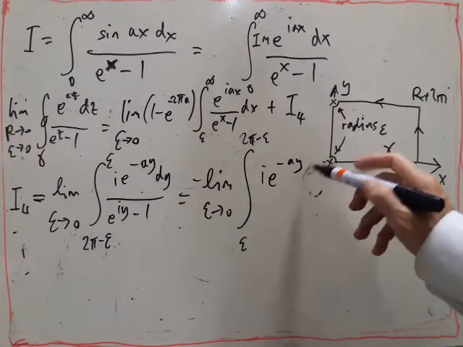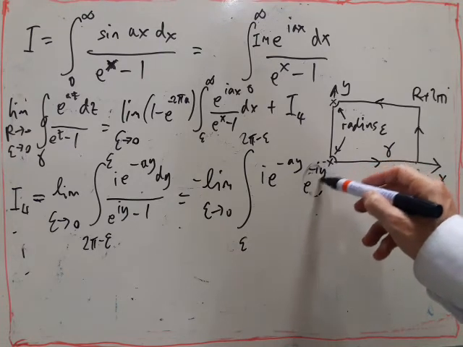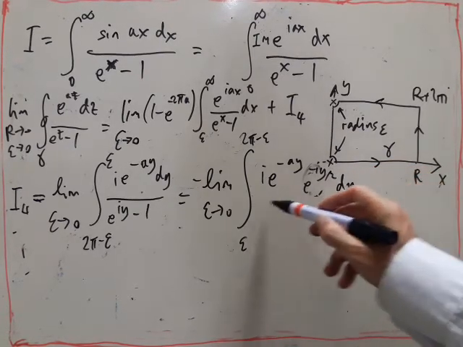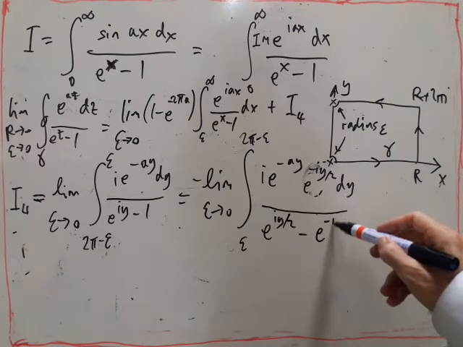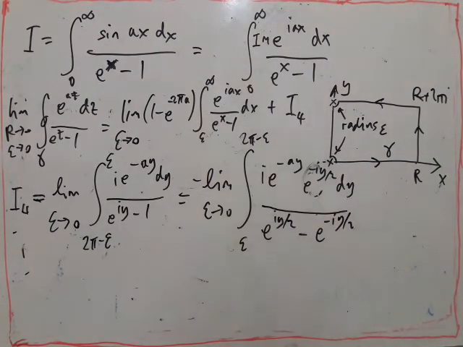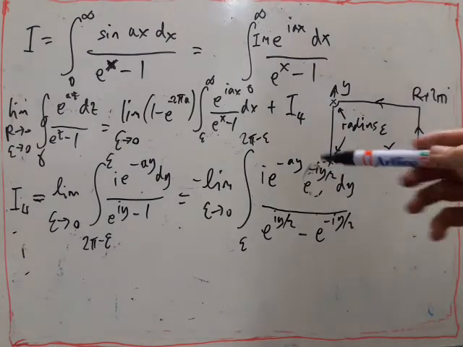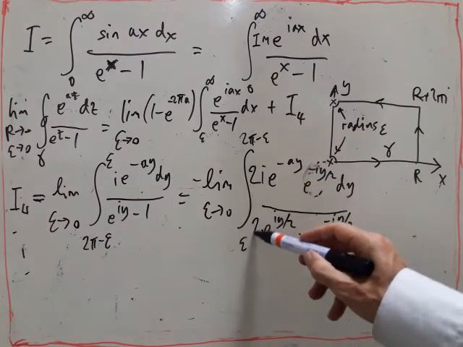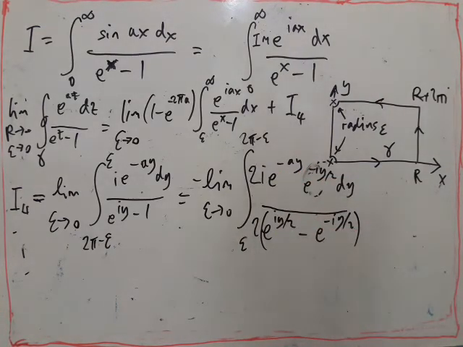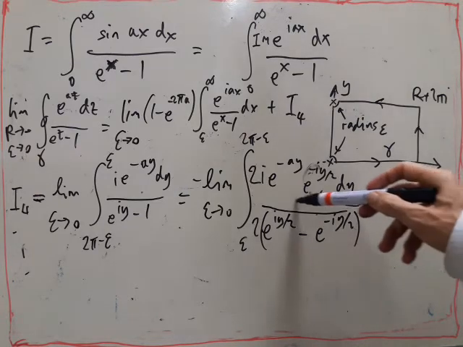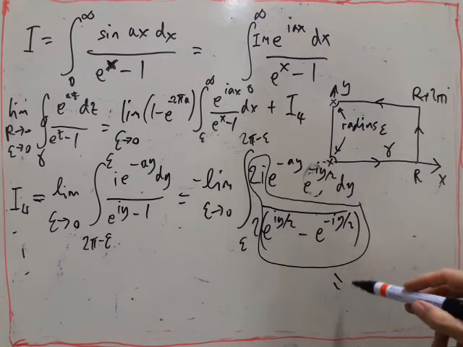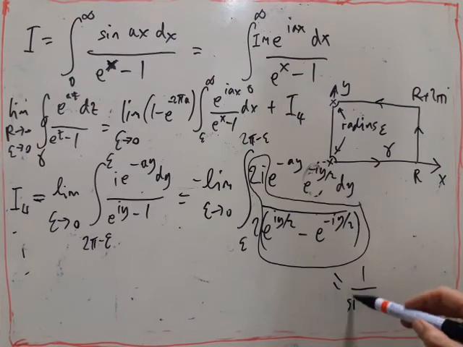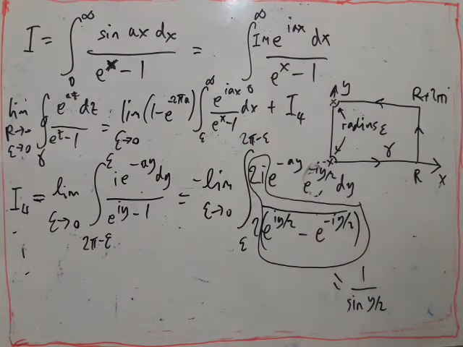So I'm going to multiply the top by e to the minus iy over 2, and the bottom also by the same thing. So that gives me this. Right, if I put a 2 here and a 2 here, then this quantity is equal to 1 over sine y over 2.